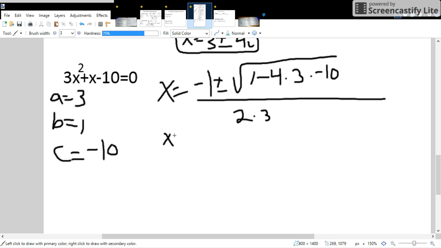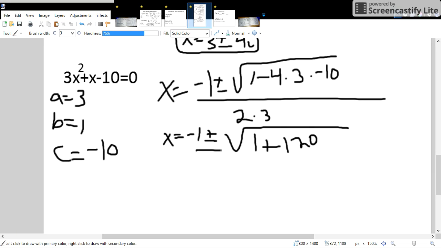So now we have x equals negative 1 plus or minus square root of 1 plus 120 all over 6.